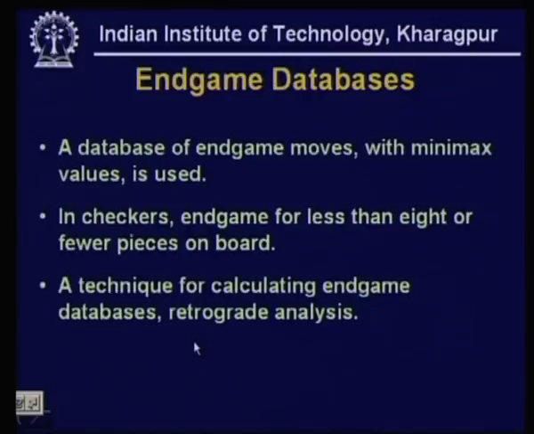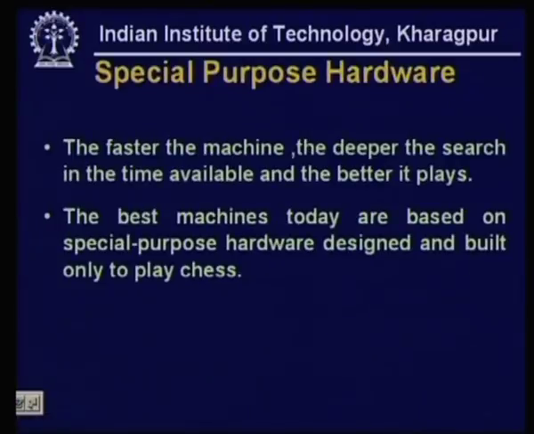So, instead of using minimax or alpha beta to find the best move, it makes sense to generate a table of good initial moves in consultation with a human game expert, and this is known as the opening book. So, an opening book can be used. Then the end game is another interesting place where a lot of expertise is required. So, a database of end game moves will be very helpful, and a technique for calculating end game databases is also helpful.